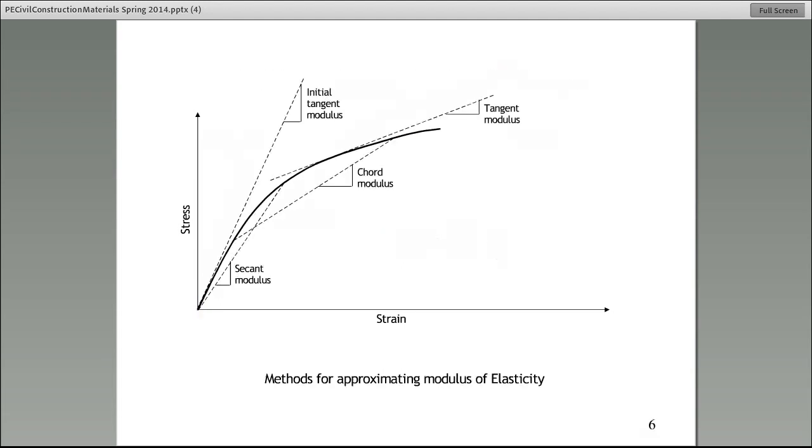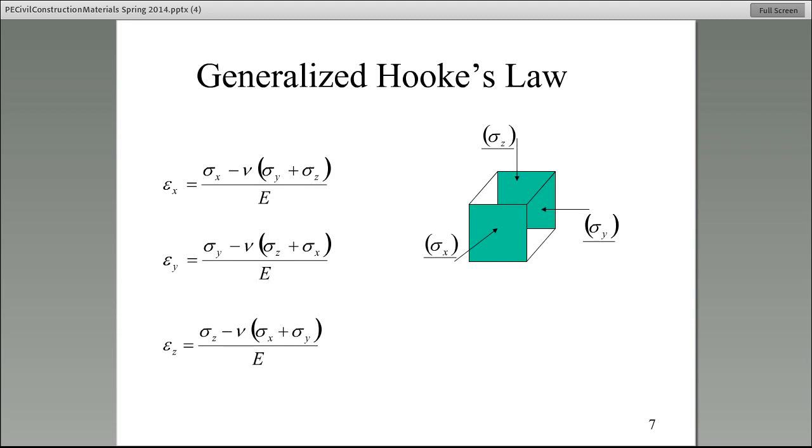Now I'm going to move to slide 7. Here we're talking about generalized Hooke's law. Guys, remember, generalized Hooke's law is nothing other than 3-dimensional Hooke's law. All right? Now, 2 dimensions would look like this.